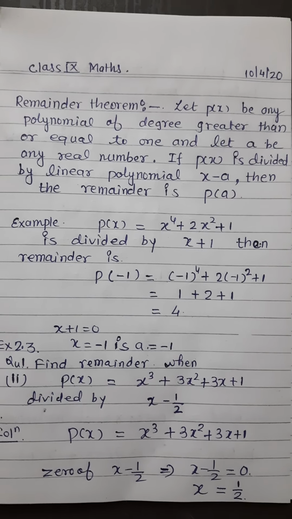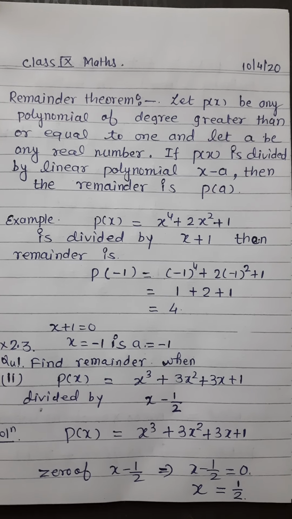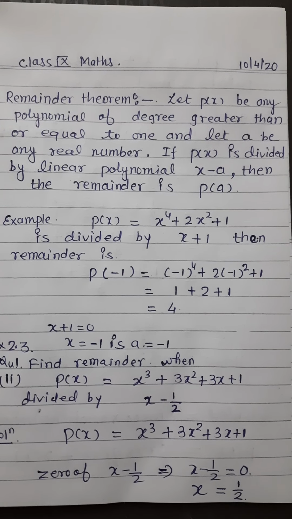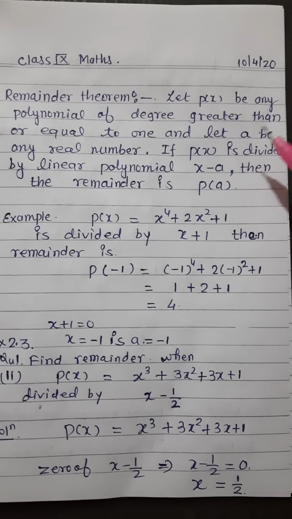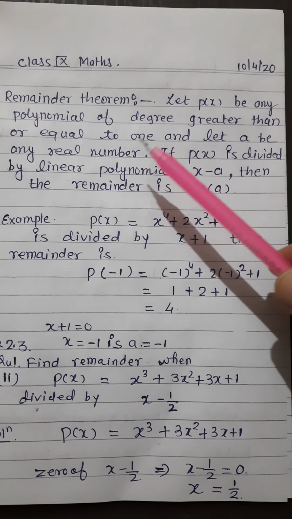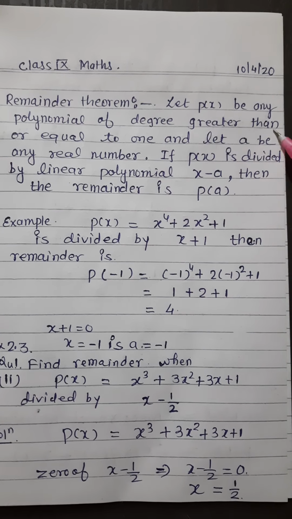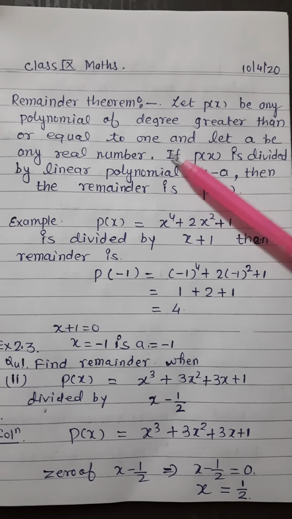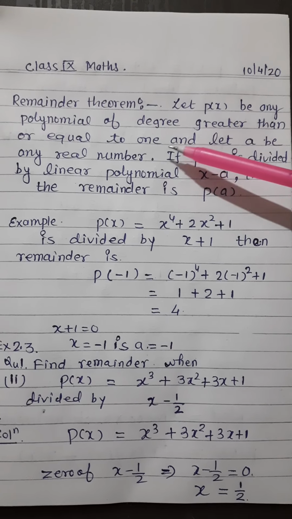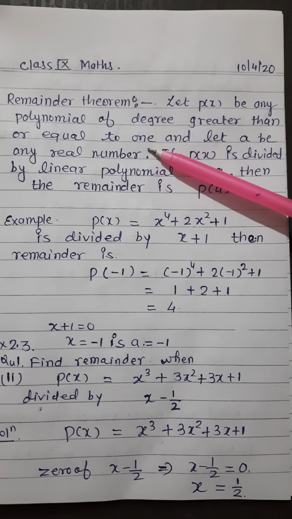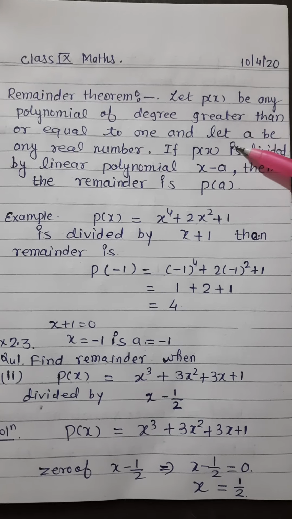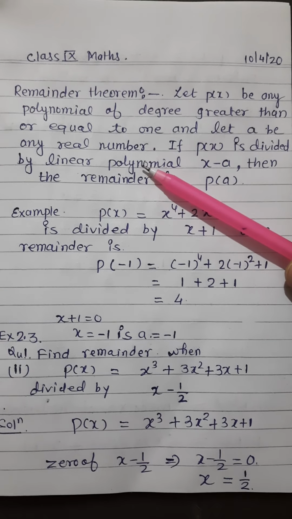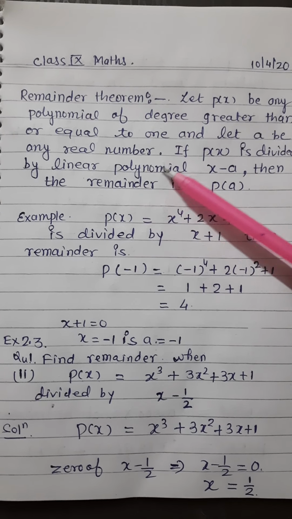And what does the remainder theorem say? Let's see. According to the remainder theorem, let p(x) be any polynomial of degree greater than or equal to 1, and let a be any real number.